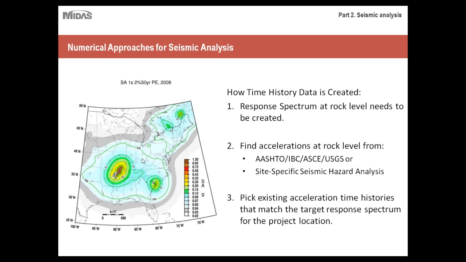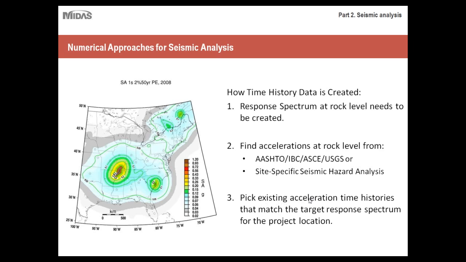For example, if you're working within any one of these regions here, there should be a database of different response spectrums for each of those areas. Depending on your area, you just have to go to these various agencies to find the response spectrum that applies to your particular region.